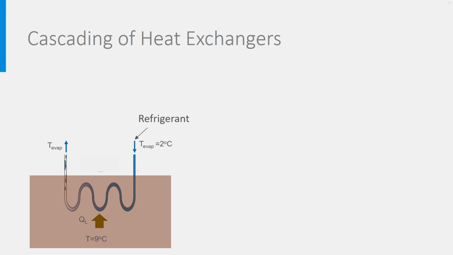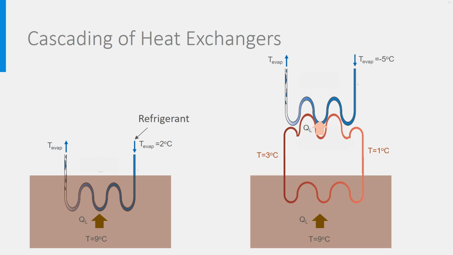It is then much safer to add an intermediate heat exchanger using water or water glycol as fluid, for instance, like this. A closed heat exchanger water loop takes heat from the ground, allowing the water to be heated to 3 degrees, for example. This water gives its heat to the evaporator and is therefore cooled down and goes back to the ground at 1 degree.